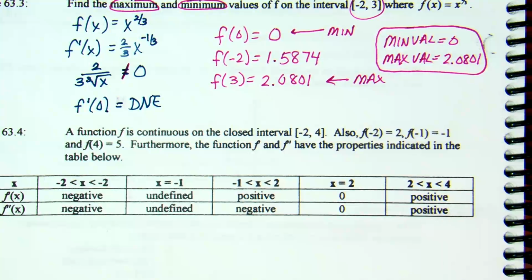Furthermore, the function f prime and f double prime have the properties indicated in the table below. That's why I have it handwritten in. And the part that you're missing that's kind of important is what are we doing here? Which I was like, what? Okay, our goal is to find the values of x for which f attains max and min values. I will put that right here.